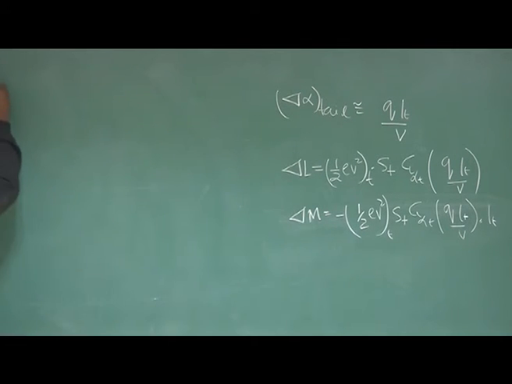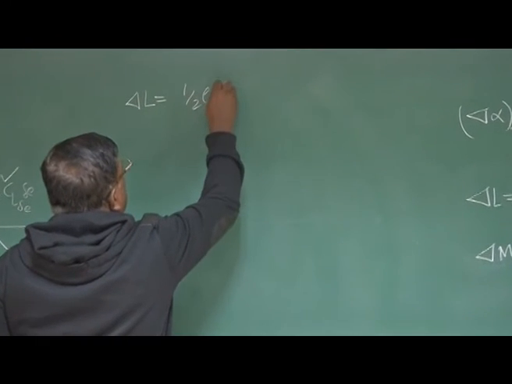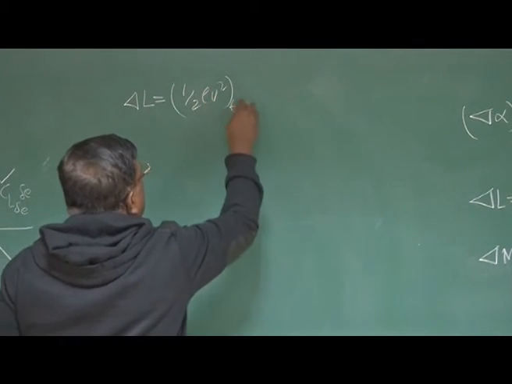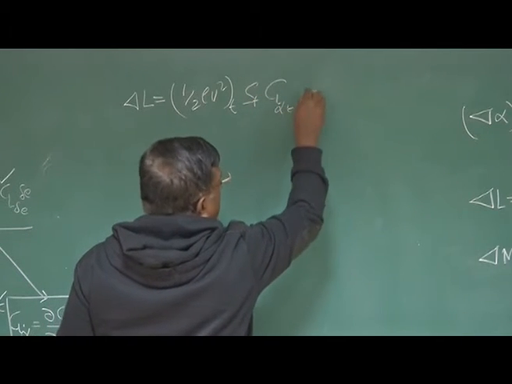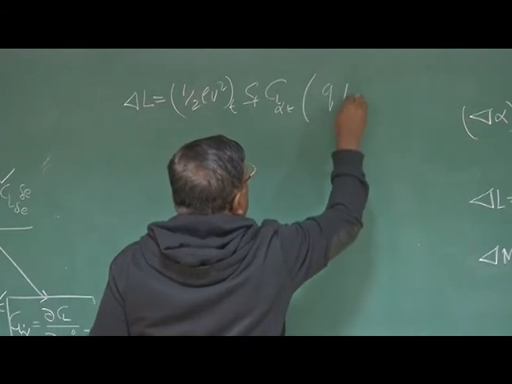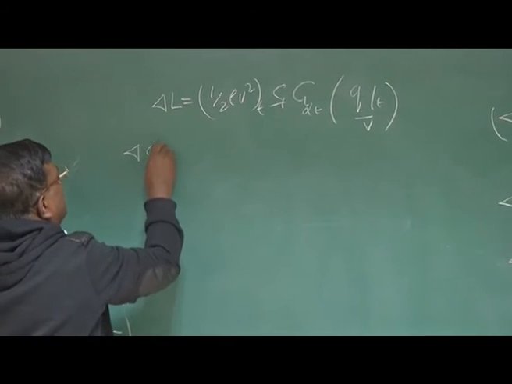So delta L equal to half rho V square tail, S tail, CL alpha tail into Q LT by V. So what will be delta CL?